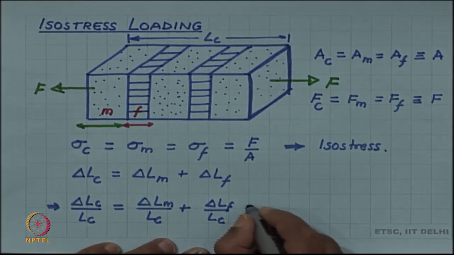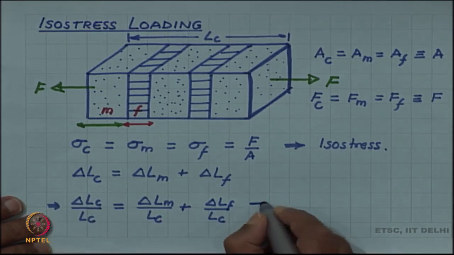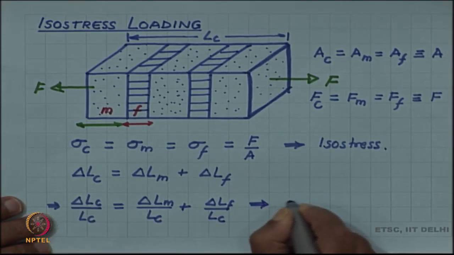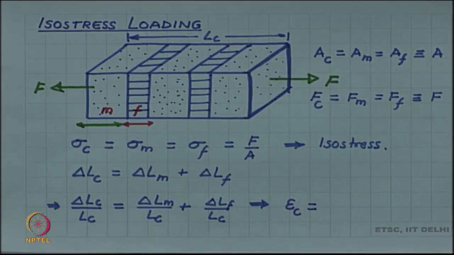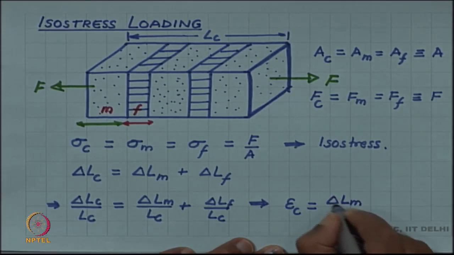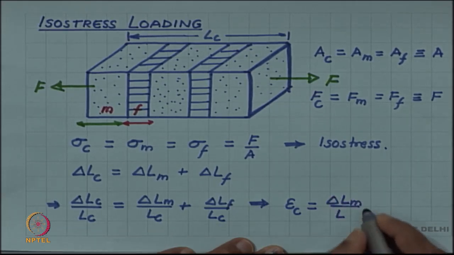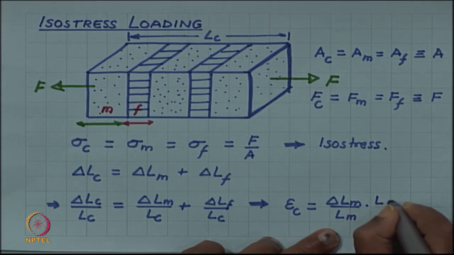The left hand side is of course the strain in the composite, but for the right hand side we again use multiplication and division by Lm to convert them into strain.